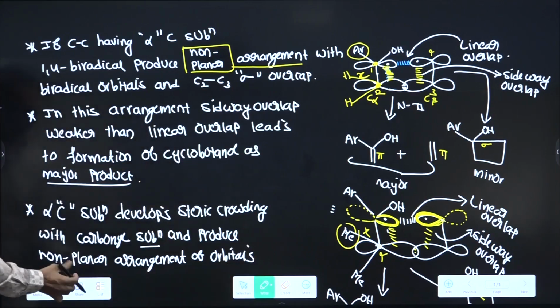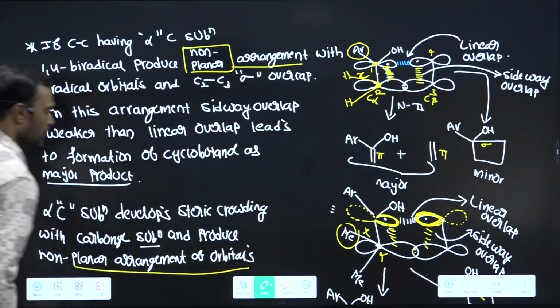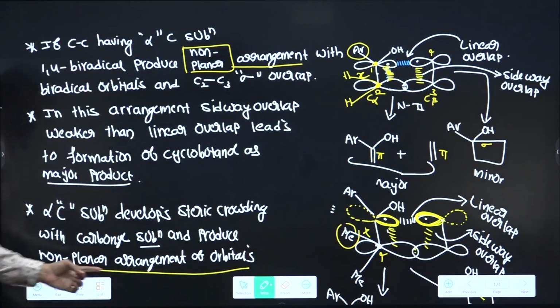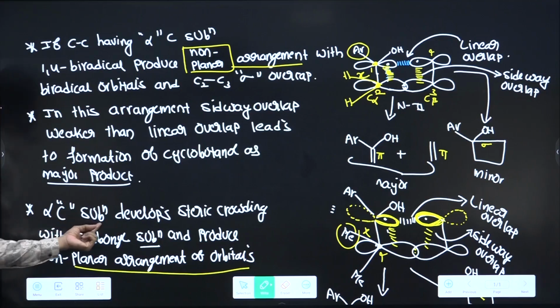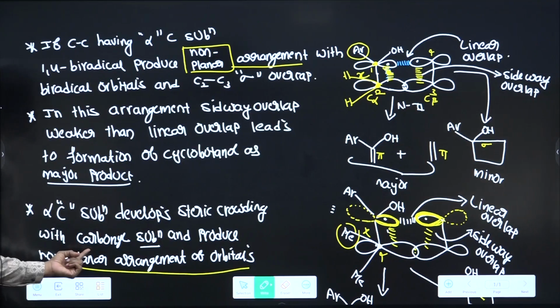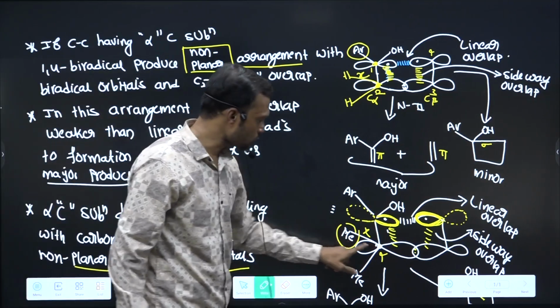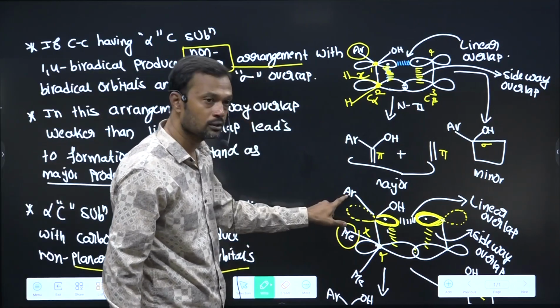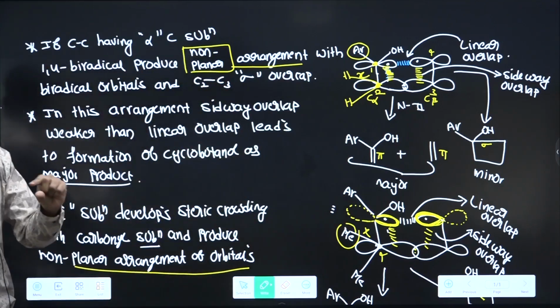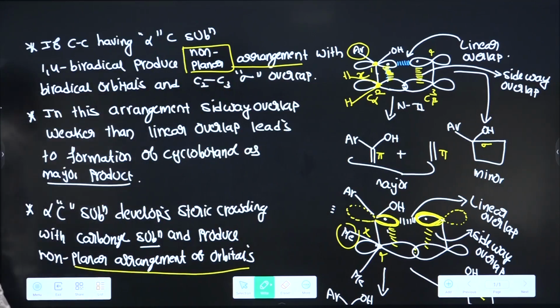So this is the reason why they develop a non-planar arrangement. Why do they develop a non-planar arrangement? The reason is that alpha carbon substitutions develop steric repulsion with the carbonyl substitution. Due to that steric repulsion, the orbitals move away from planarity.